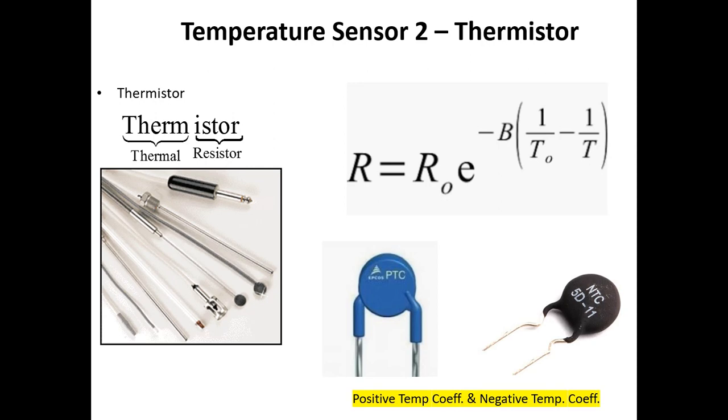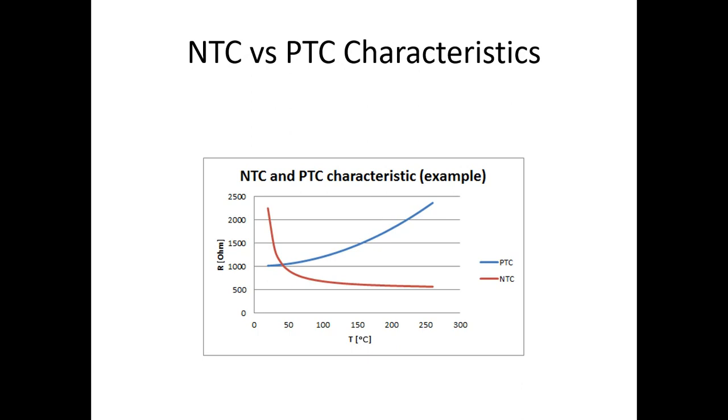You can see here in the case of PTC, as the temperature increases, the resistance value also increases. Whereas in the case of NTC, it has a very high resistance in the beginning when the temperature is very low, and as the temperature increases, the resistance drops. There are practical applications for both NTC and PTC thermistors.